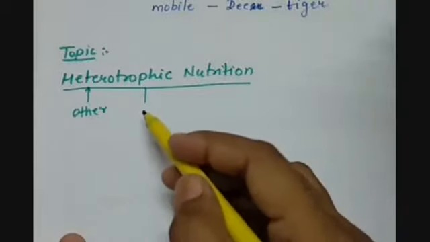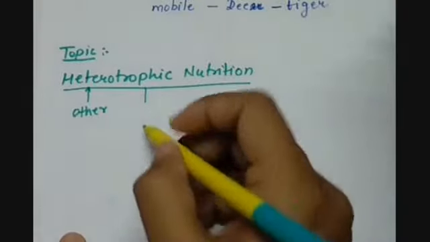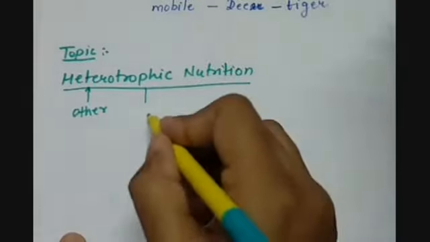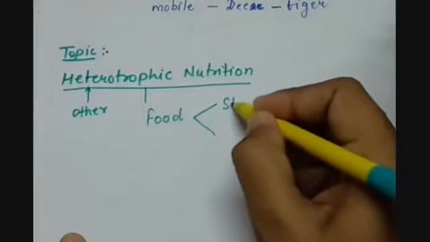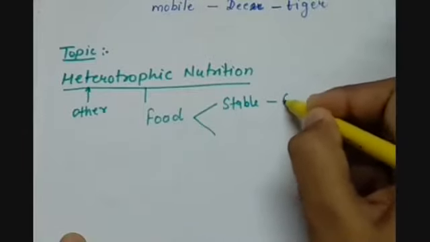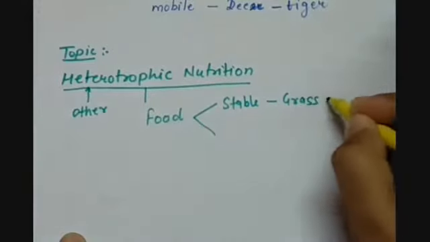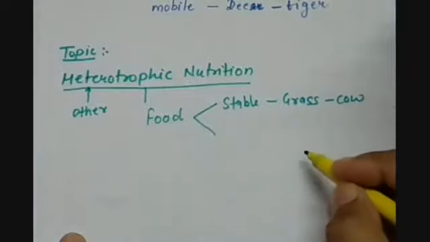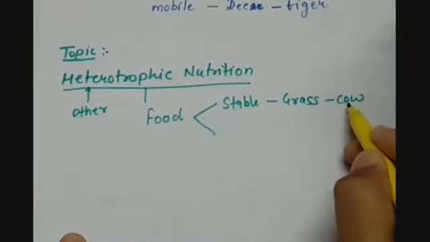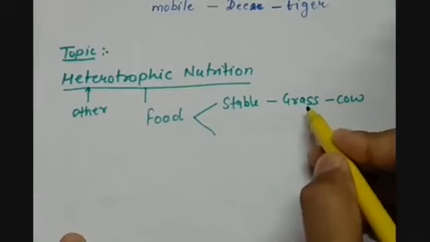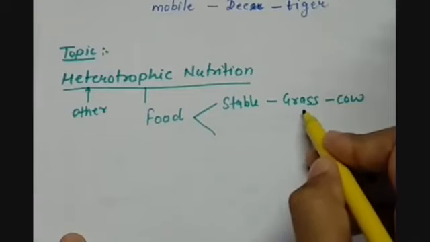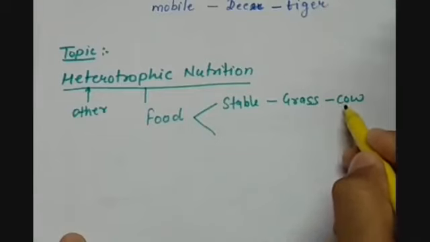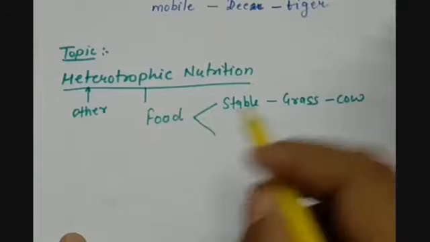So we all know that the food that we eat is of various kinds. It can be stable, like grass, which is eaten by cows. So grass is stable and the cow comes and eats it, or somehow it is transferred to the cow for feeding purposes.